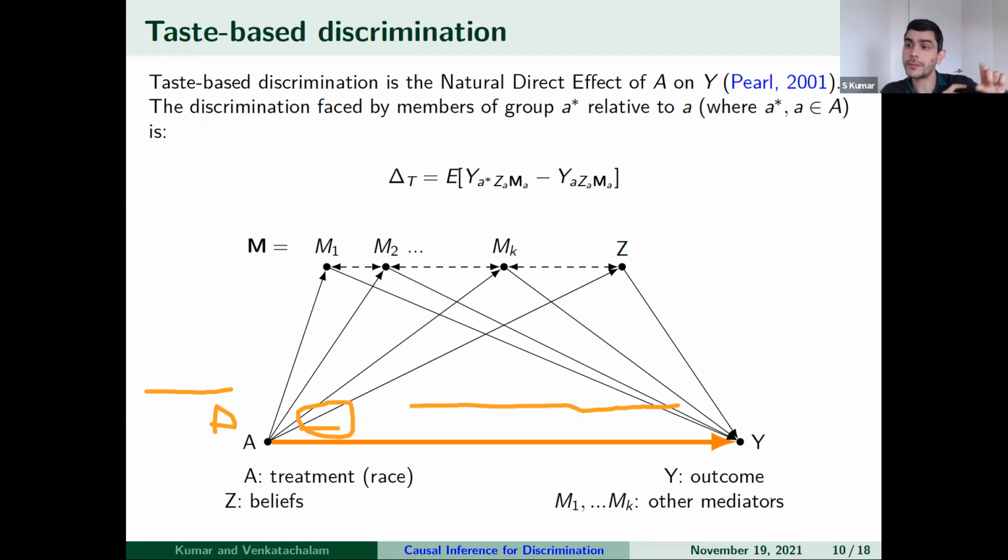are causal relationships within the mediators, namely, like if M1 affects Z, or if M2 affects M3 affects Z, something like this, then breaking that up becomes even tougher.